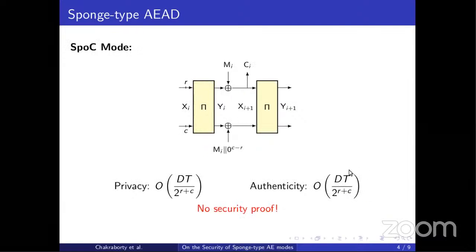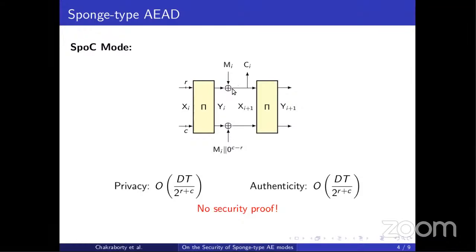Recently, in the NIST competition, there's been another proposal called SPOC. So SPOC is slightly different from the other two. What it does is it absorbs the message block in the lower part. So in the upper part, the message is not absorbed.